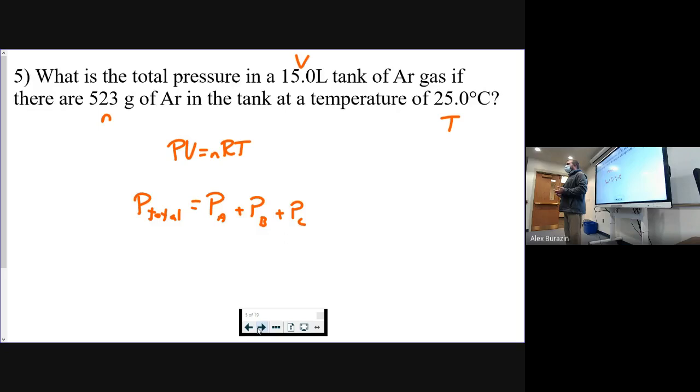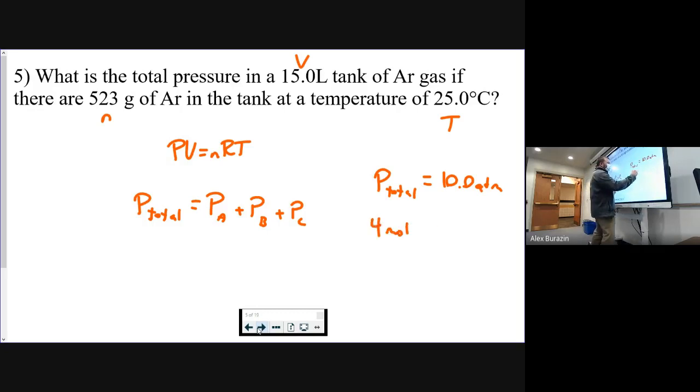Say that again. I have a total pressure of 10 atmospheres. 6 moles are oxygen, 4 moles are hydrogen. What's the partial pressure of oxygen? Oh, sorry, I said 6, didn't I?